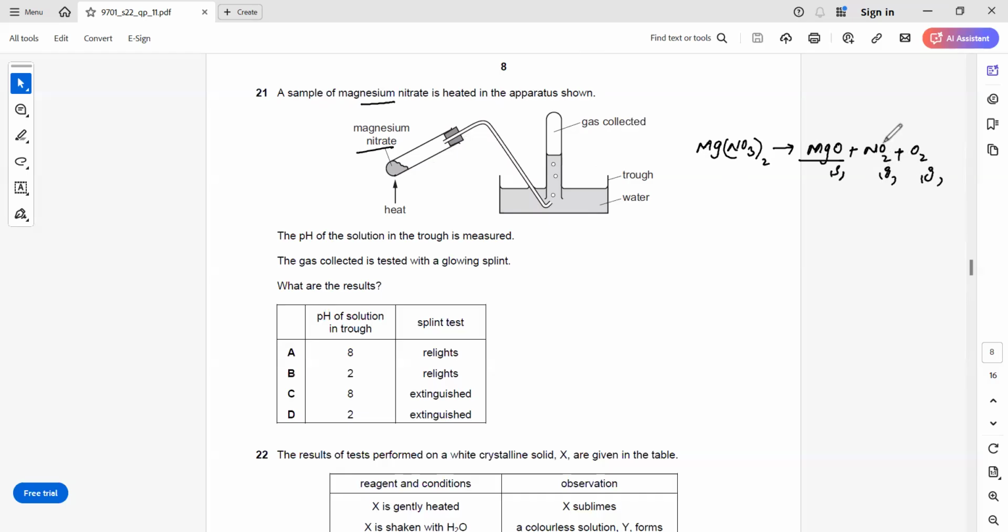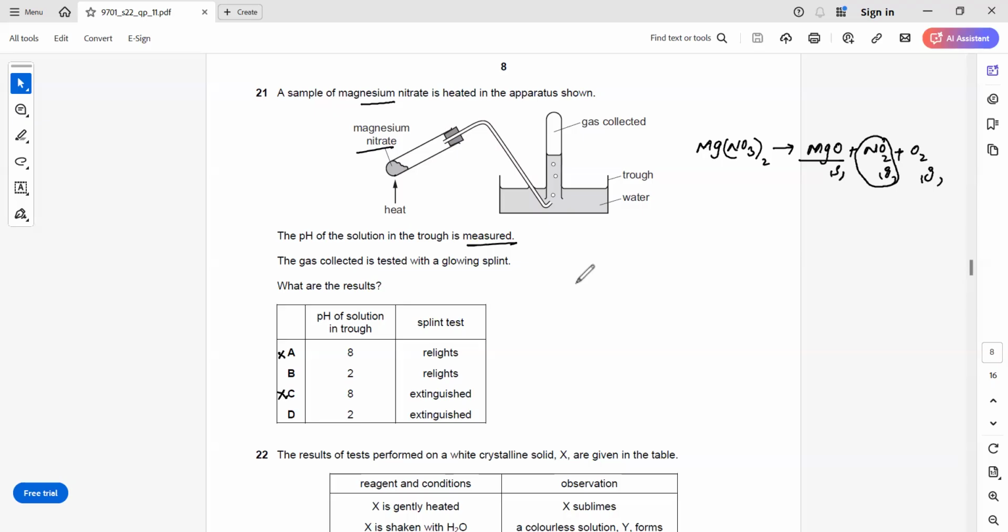This one is an acidic gas, right? So that will react with water and give us an acid. They are saying the pH of the solution in the trough is measured. Due to NO2, we know that the solution here will be acidic. So the pH should be less than 7. So A is gone and C is gone, right?